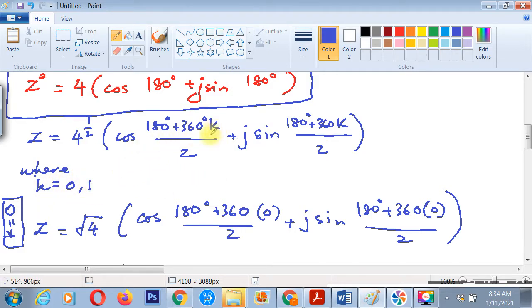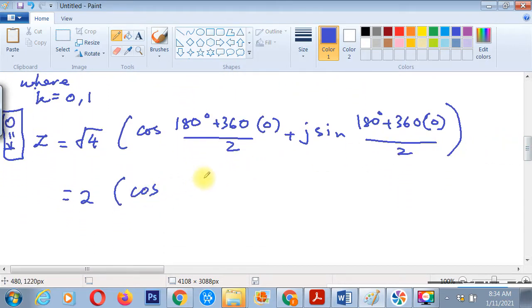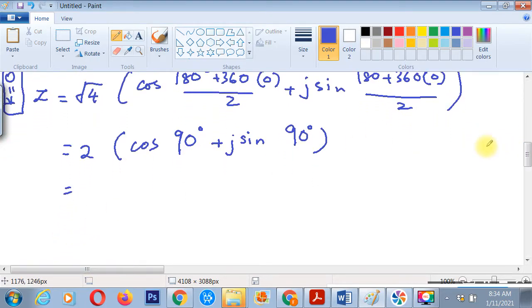First I just put k equals to 0. For k equals to 0, we will have this, so we just simplify. This is 0, so meaning we will get cos 90 degree plus j sine 90 degree. And then you just put in your calculator.